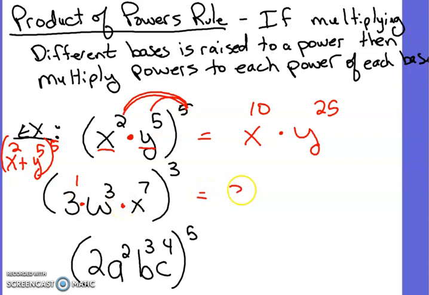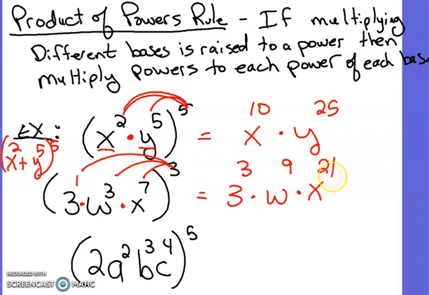So each of the bases, I have a base of a 3, I have a base of a W, I have a base of an X. And then you're going to multiply the powers to each of them. And the only thing I would suggest on this one, 3 cubed, we would probably need to simplify that to 27. So this would be the final best answer to be able to do that.